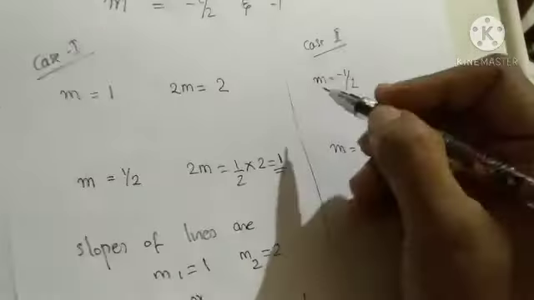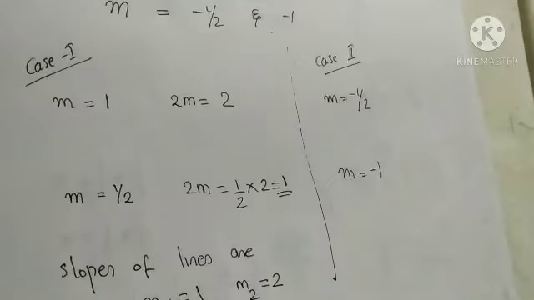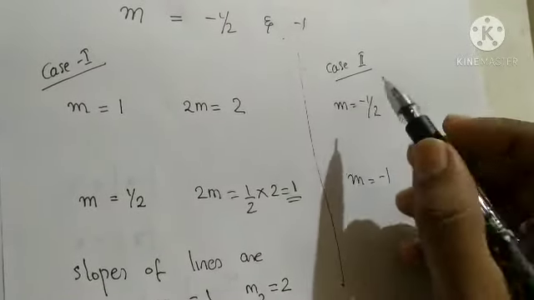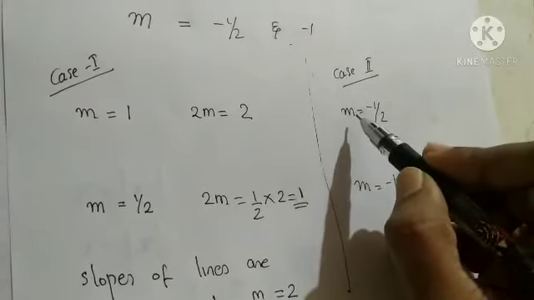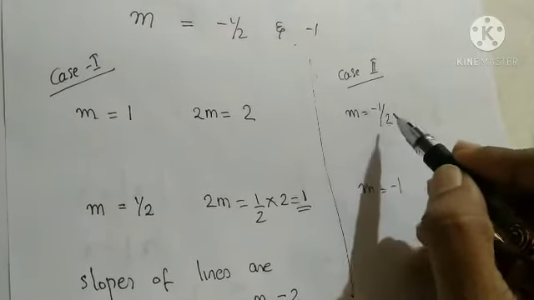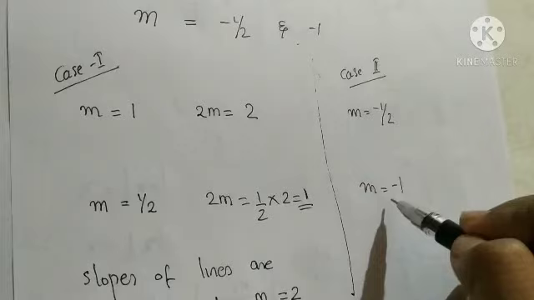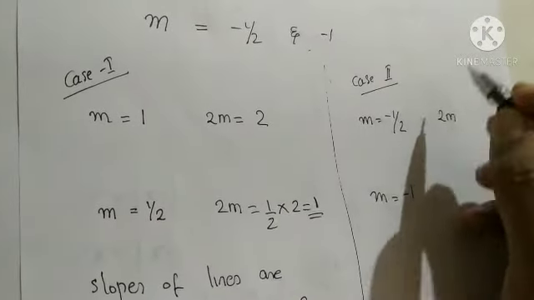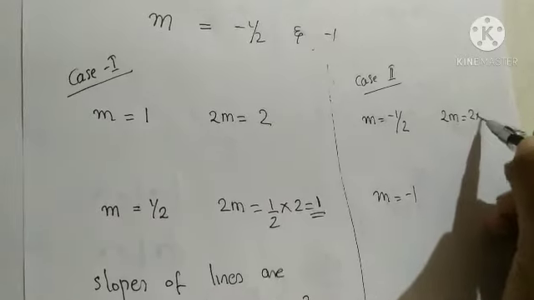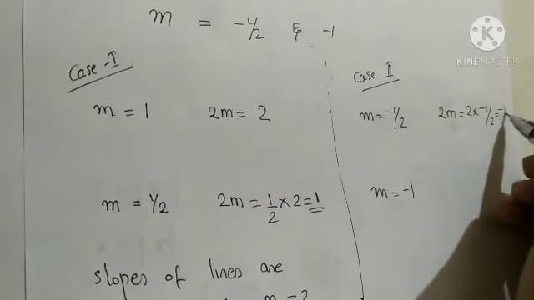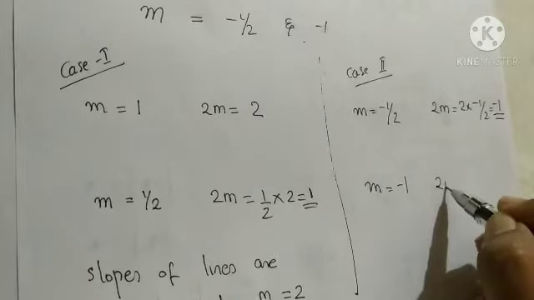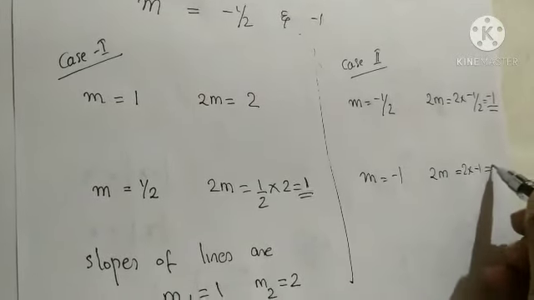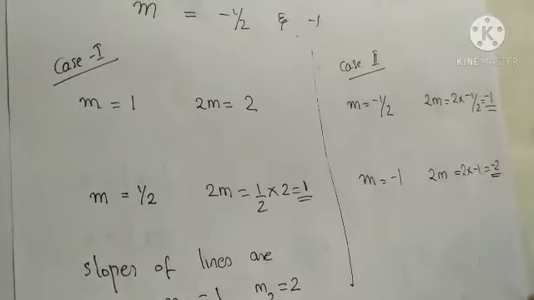Okay. Similarly, if we consider case 2, we get two values of m, that is the slope of line L1 is either equal to minus 1 by 2 or equal to minus 1. So double of the slope will be 2 into minus 1 by 2, that is equal to minus 1, and at m equal to minus 1, 2m will be 2 into minus 1, equal to minus 2.